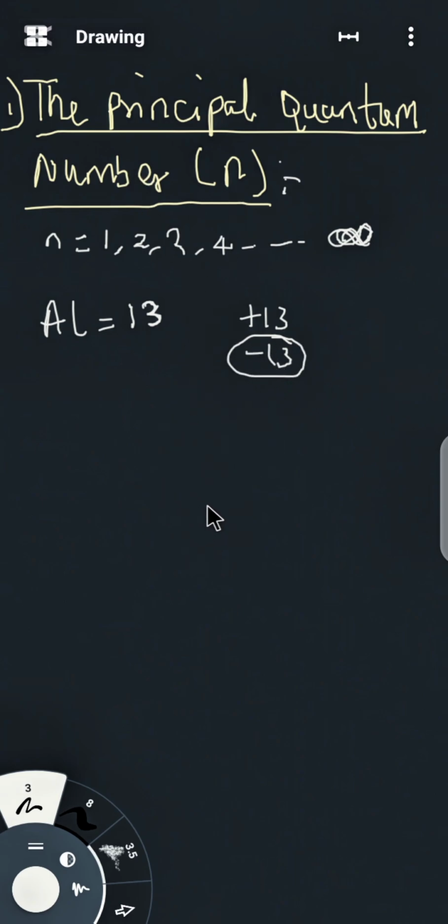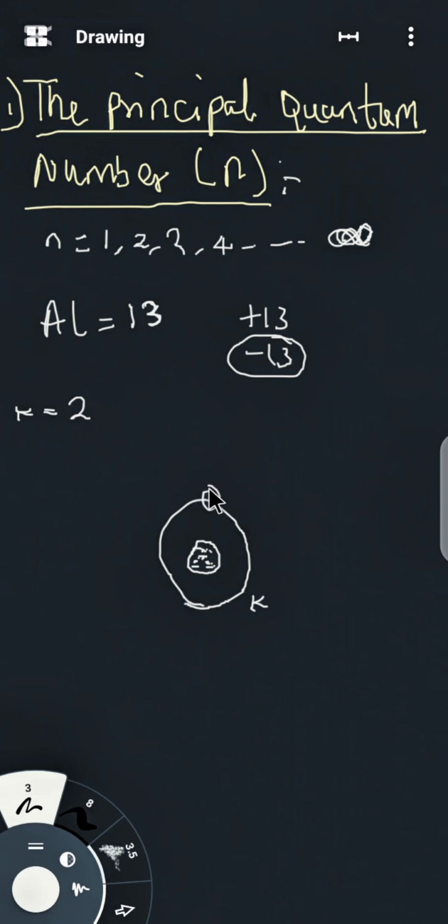According to the principal quantum number, we first draw our nucleus. Inside the nucleus, we are expected to have 13 protons of aluminium. Then the electrons, which are 13 as well, we start configuring as follows. We draw the first shell, which is our K shell. The maximum number of electrons that should occupy the K shell is 2.